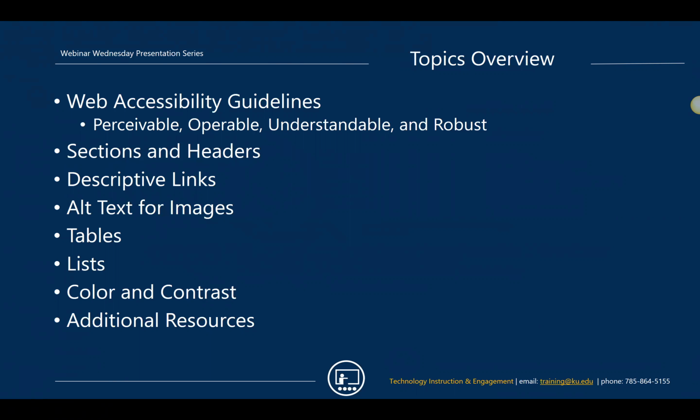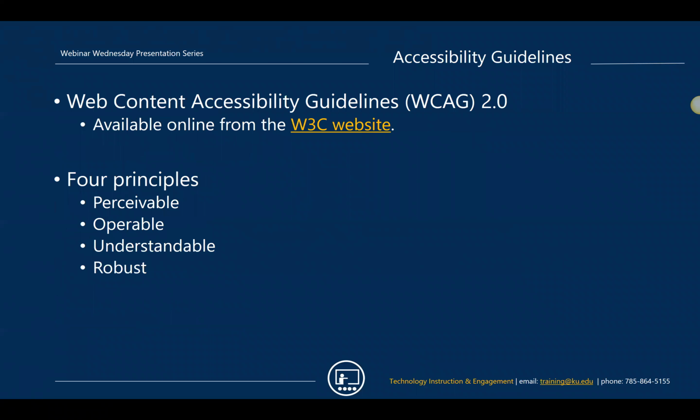So with that, let's talk about some of the guidelines first. So we have this site here, but I'm going to turn it over to Kit and let you chat a little bit about this. Yeah.